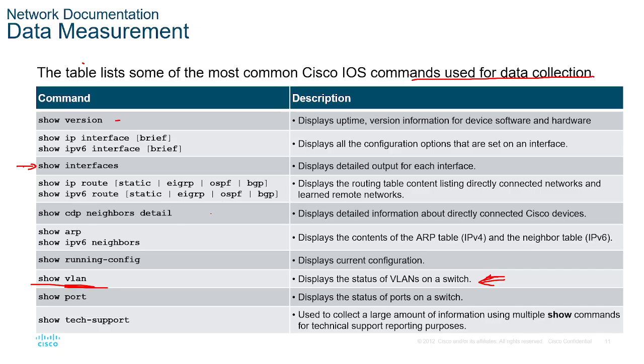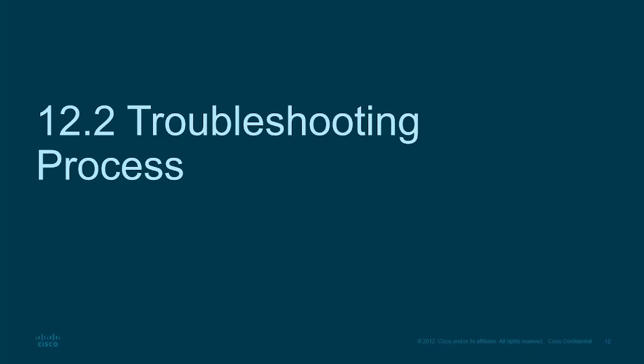Show cdp neighbors detail displays detailed information about directly connected Cisco devices. ARP and IPv6 neighbors are also important; they display the content of the ARP table and the IPv6 neighbor tables. Show running-config, we all know by now, displays the current configuration on the router or switch. Show vlan, show port, or tech support are all useful commands that you can use.